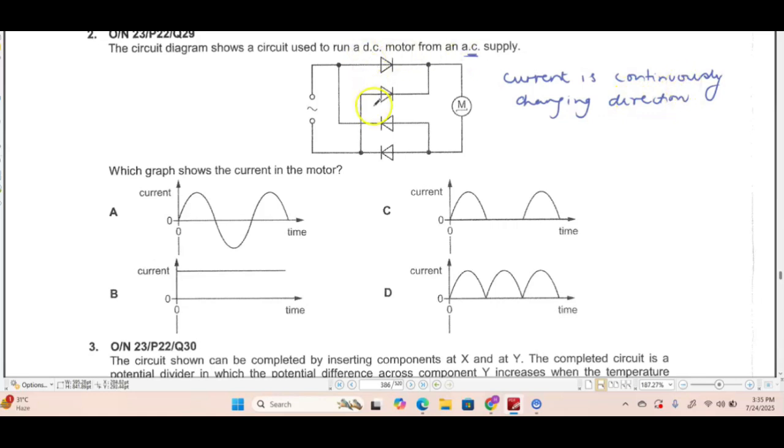Okay, here also, here also, here also, so it won't let the current change its direction. For AC there are peaks and zeros and peaks and lower peaks and low. So this is the type of graph you get in an AC power supply. But you see that here it won't let it change its direction because of these diodes.